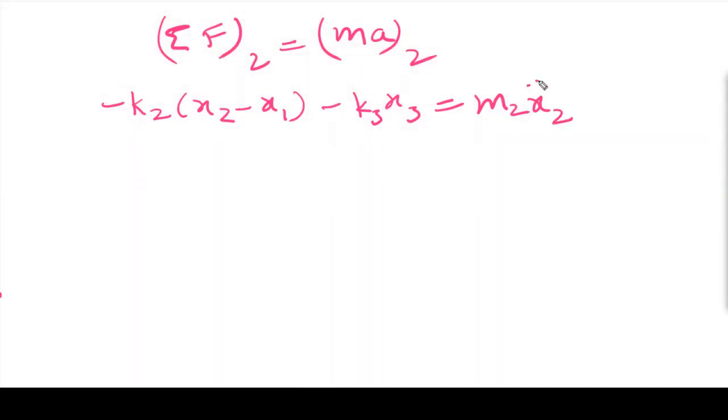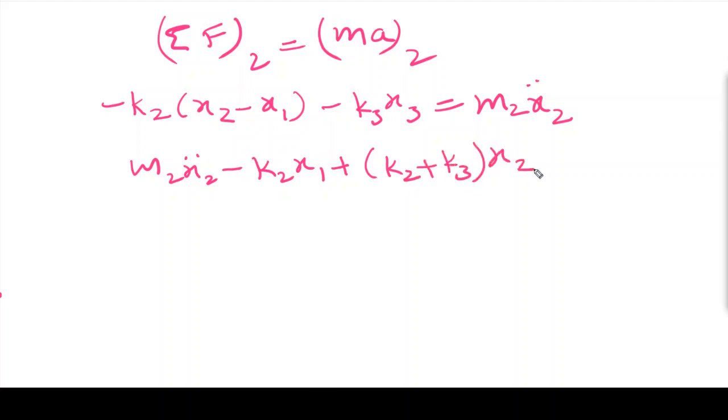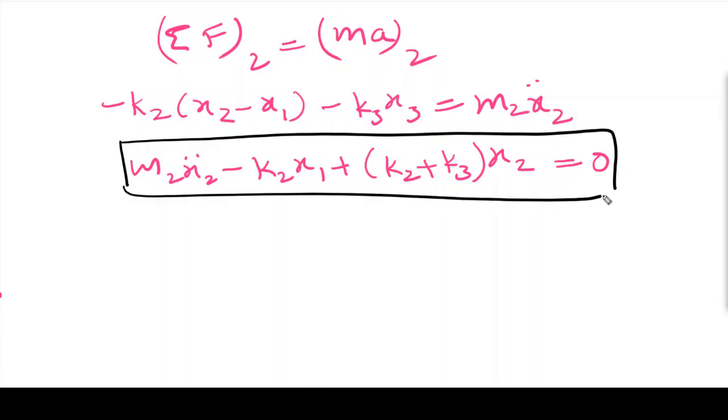So this gives us m2 x2 double dot minus k2 x1 plus (k2 plus k3) x2 equals 0. This is the equation of motion for mass m2.